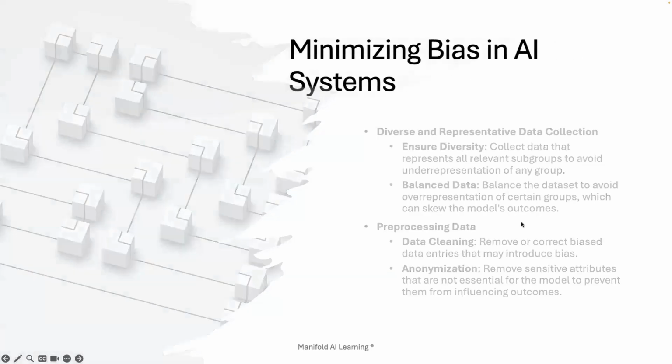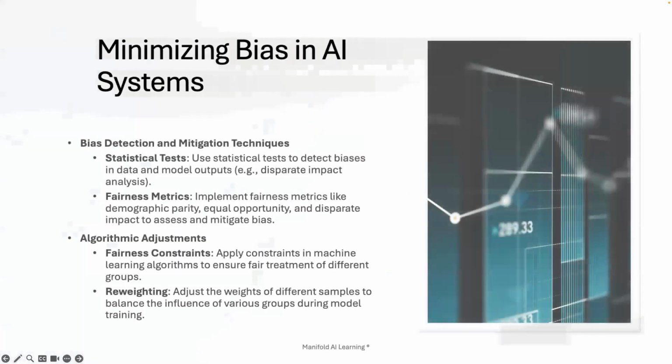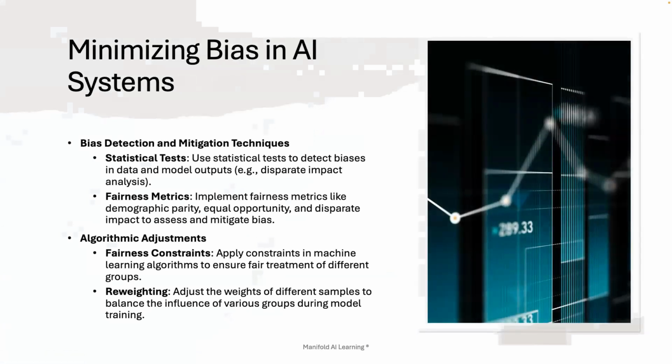Then, bias detection and mitigation techniques. In order to detect biases, one of the commonly used statistical tests is disparate impact analysis. You can remember this term, disparate impact analysis. It is recommended that you use statistical tests to detect such biases in the data as well as in the model output.